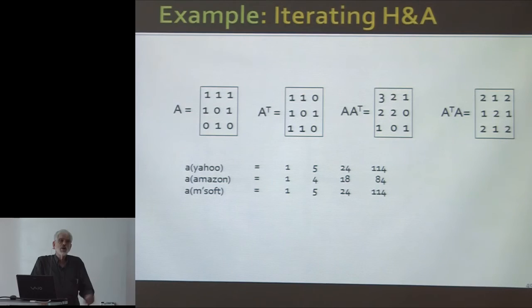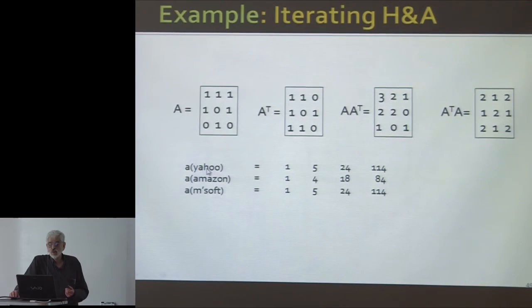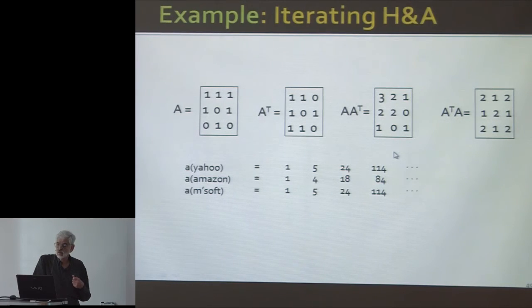And at some point, I'd better start scaling these things down. But again, it's just the ratio. It's the fact that here it's 114 to 84 to 114. The fact that the authority of Yahoo and Microsoft seem always to be the same, that's what's important. And they're bigger than the authority of Amazon. Well, it turns out these are the limiting values.